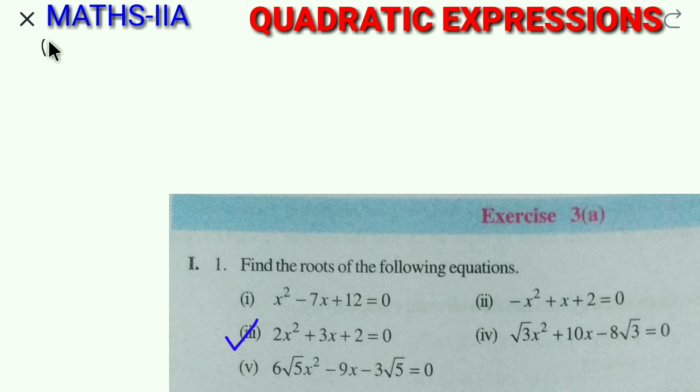Question number 3rd. Given quadratic equation is 2x square plus 3x plus 2 equals to 0. So here we have to compare this equation with the standard form of the quadratic equation.